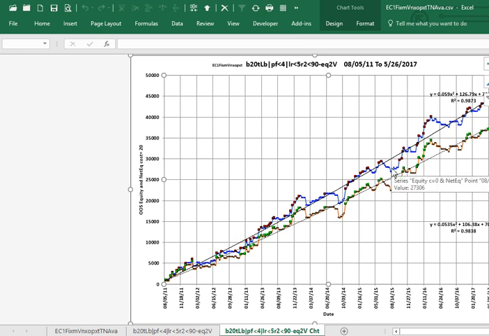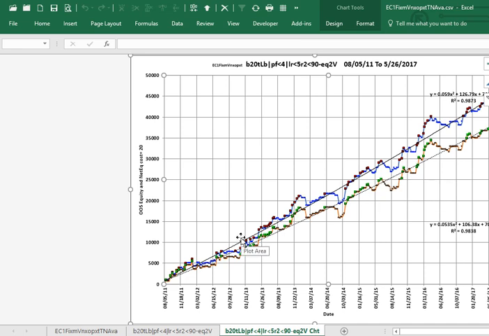The blue line is the equity curve without commissions. The red dots are the new highs. The brown line is the equity curve after commissions, and the green dots are new highs.